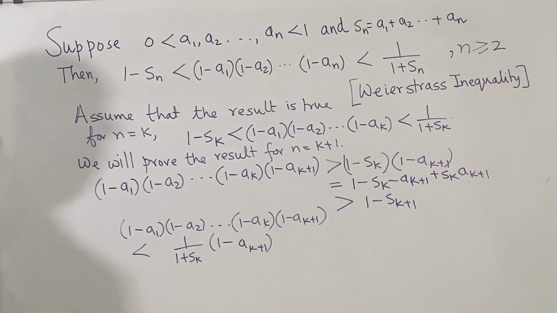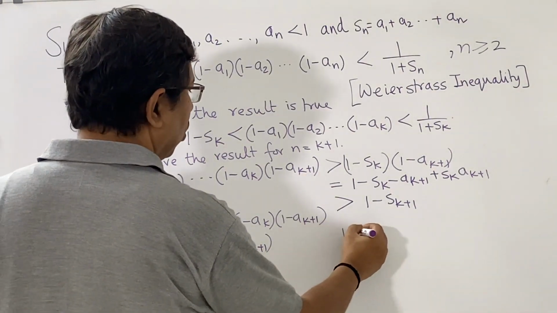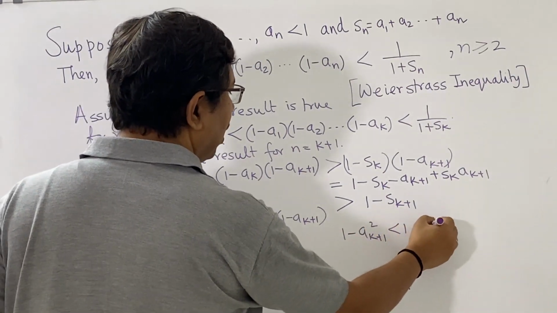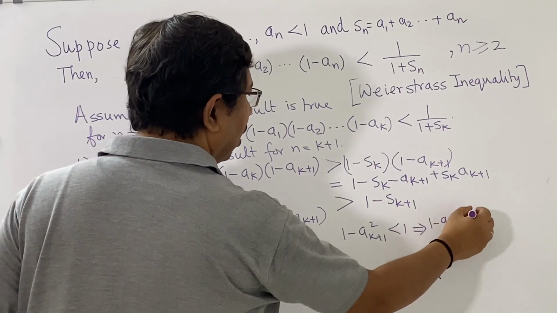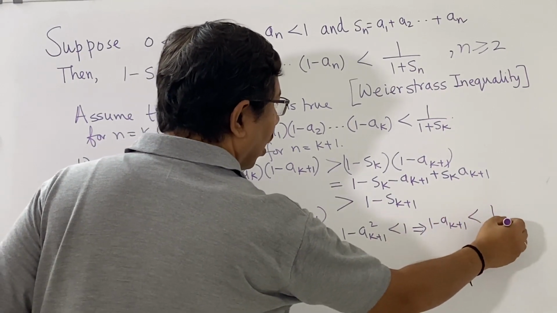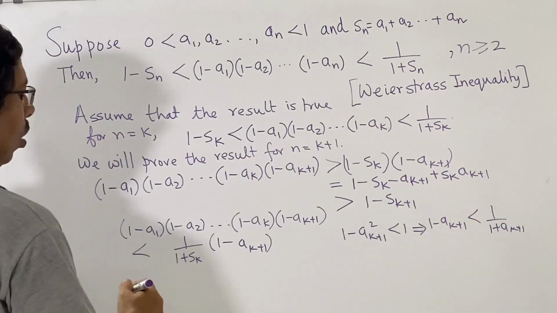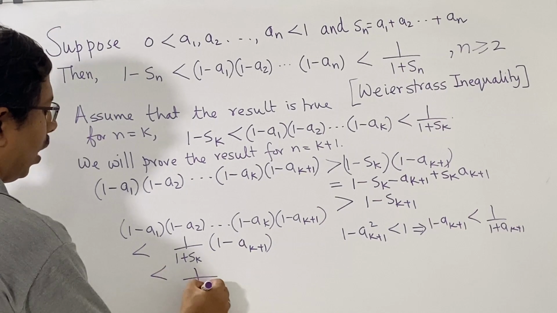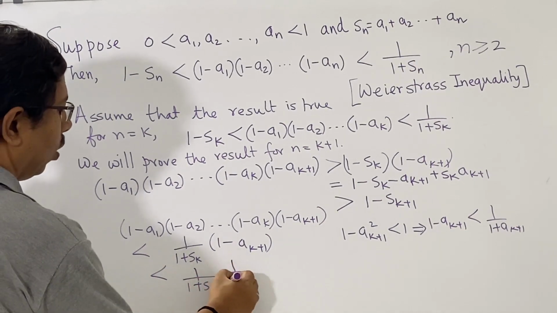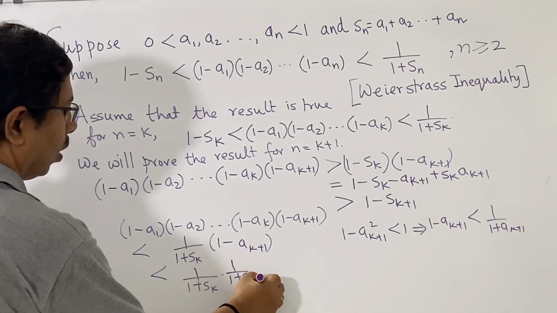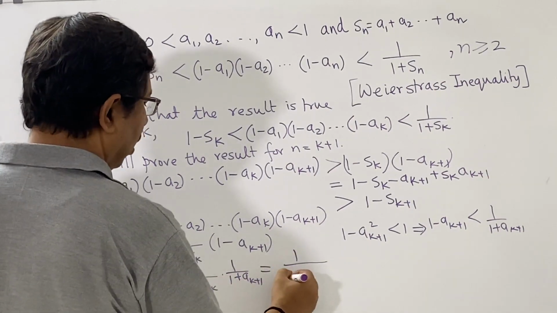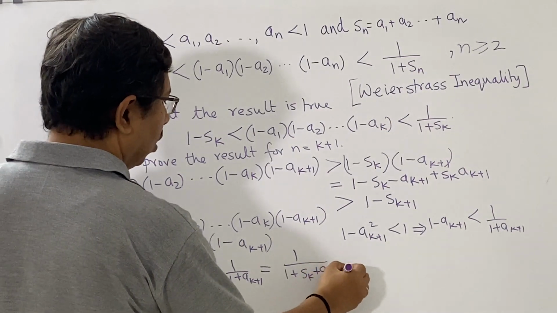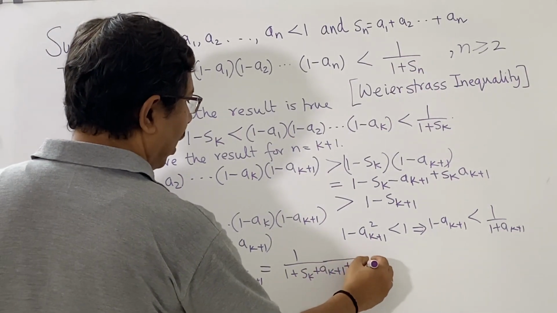Now remembering the same trick that we had used earlier, (1 minus a k plus 1) square is less than 1, which means that 1 minus a k plus 1 is less than 1 by 1 plus a k plus 1. So therefore, this quantity is less than 1 by 1 plus sk into 1 by 1 plus a k plus 1. Now this is 1 by 1 plus sk plus a k plus 1 plus sk a k plus 1.